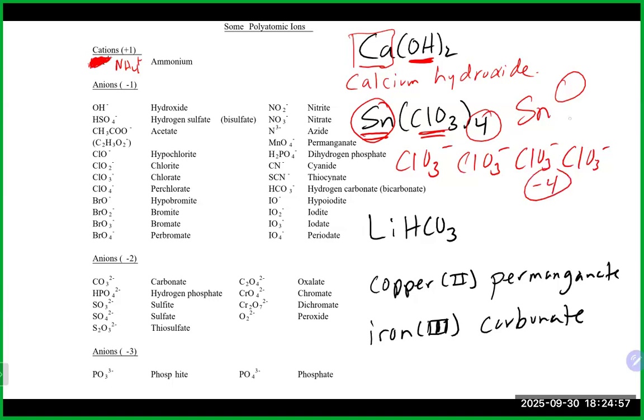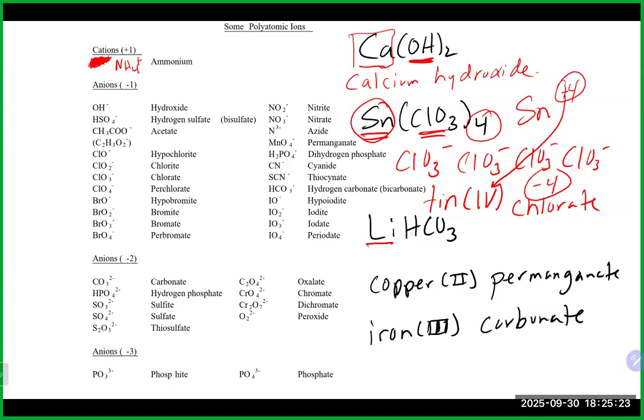That's a -4 charge. That means that the tin here is going to be carrying a +4 charge to balance it out. And that means that this would be tin Roman numeral 4, again, for the charge. And it doesn't matter how many of those polyatomic ions we got. We're just going to use the name of it. So that would be tin Roman numeral 4 chlorate in this case. Any questions on those there?